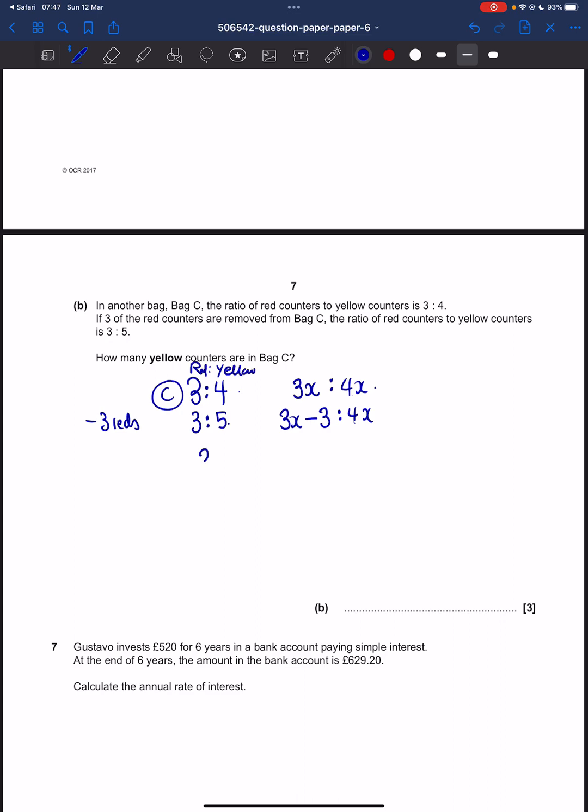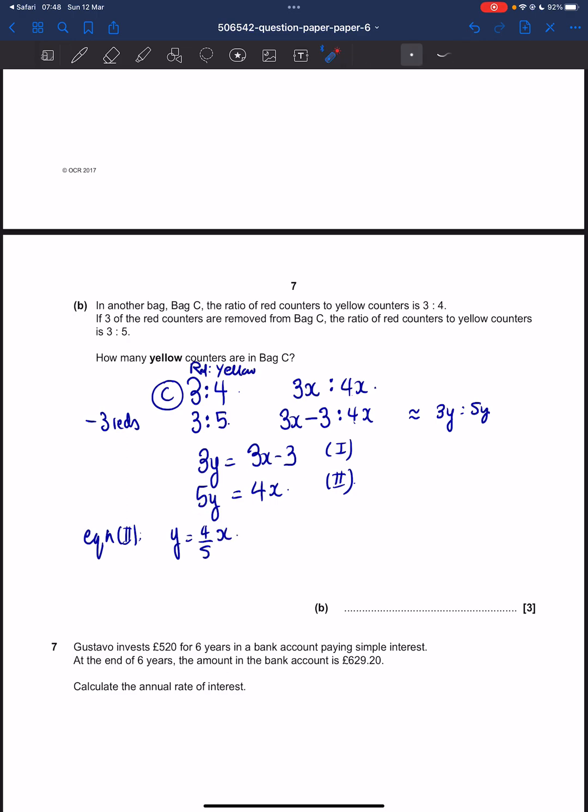So 3y is 3x minus 3. And this is equivalent to 3y to 5y, and 5y is equivalent to 4x. That's equation 1. Equation 2. From equation 2, we get that y is 4/5 x.